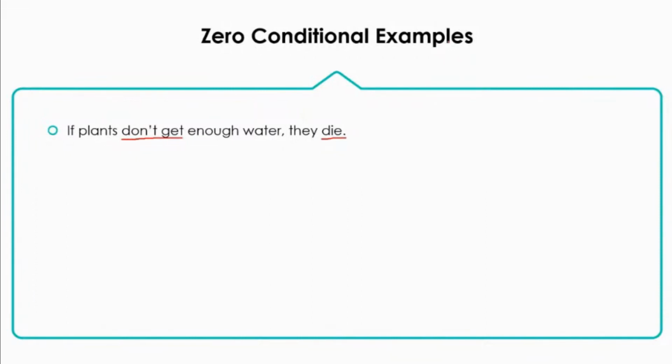So one thing to note, and we're going to see this for all our conditional types, often we have our if clause and then our main clause. If this, then that. However, we can also switch it around. Plants die if they don't get enough water.